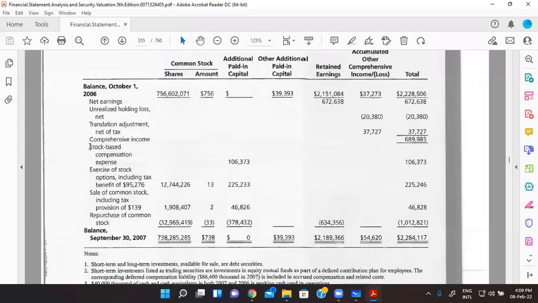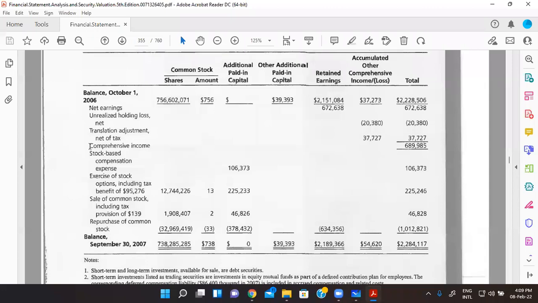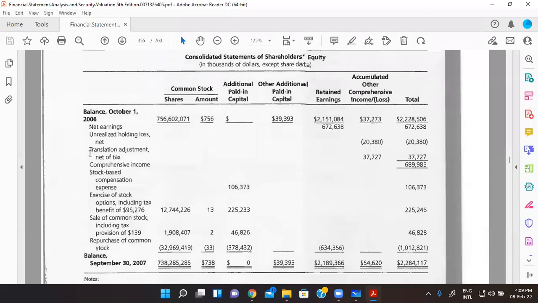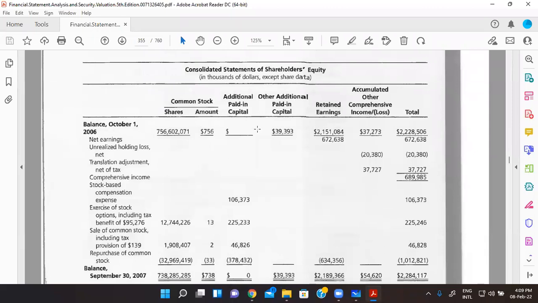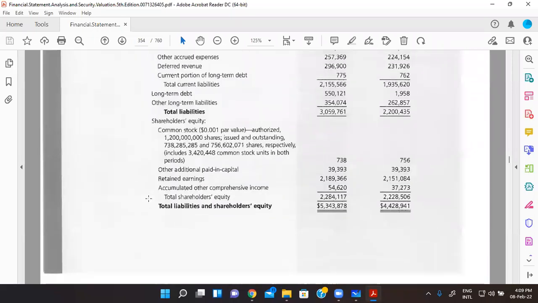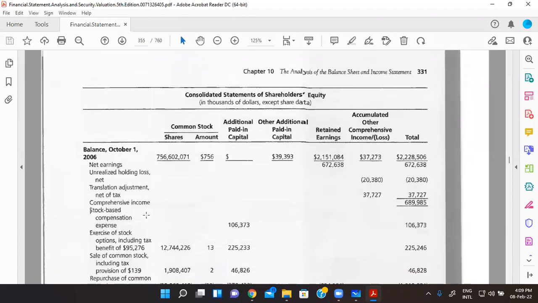We'll talk about it in more detail, but here the stock-based compensation will be excluded from the shareholders' equity, and it will be part of the operating liabilities.